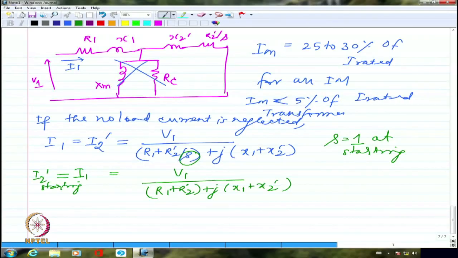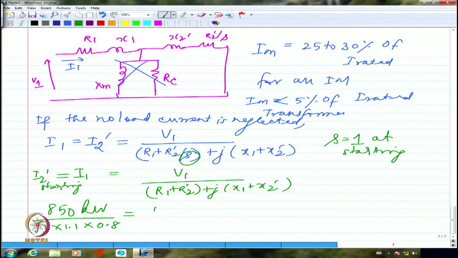I told you that induction motors come at very high ratings also. If it is an 850 kilowatt induction motor working at 11 kV or 1.1 kV or whatever, you can calculate what the rated current is. It will be root 3, 1.1 kV, and maybe 0.8 as the power factor at the most.